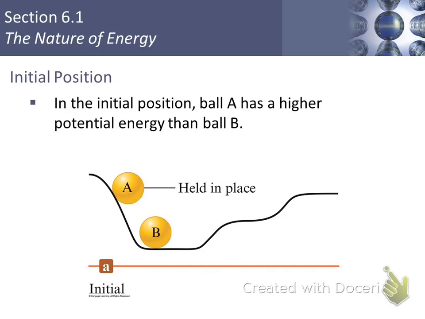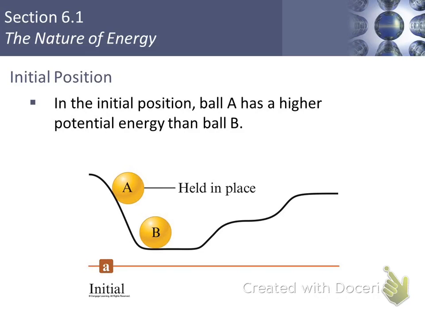Or apply a force and displace object B. If it has potential energy, that means it's stored. It's hanging above something else. And if it falls, it has the potential to impact that object and make it move. Does that make sense? That's potential energy, okay?